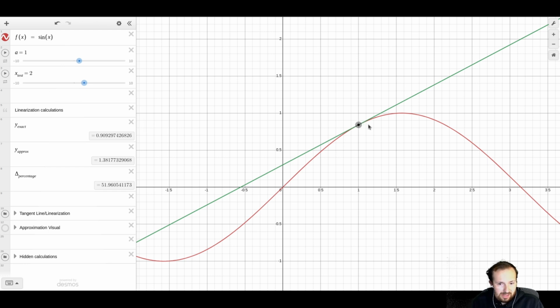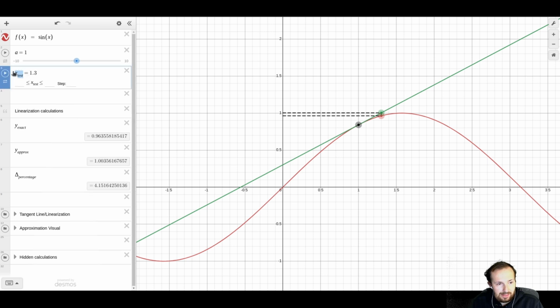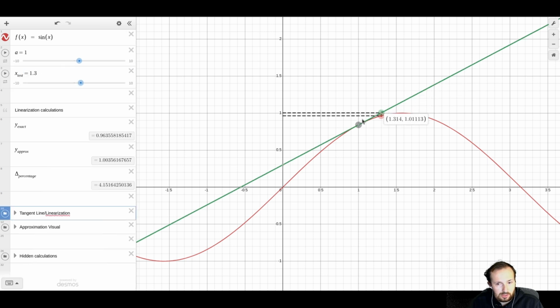This means that if we're at a certain a value, in this case 1, what we can do, let me turn this on, is we can choose other x values that are close by, and we can literally just plug that x value into the linearization, and we'll get a certain y value. So that's what this green dot is.